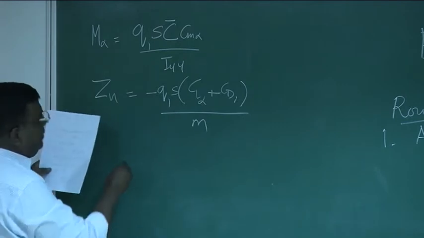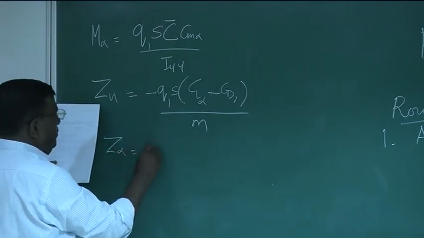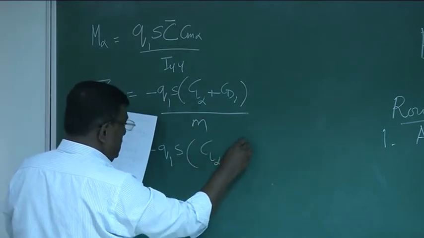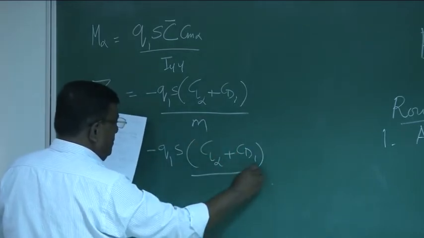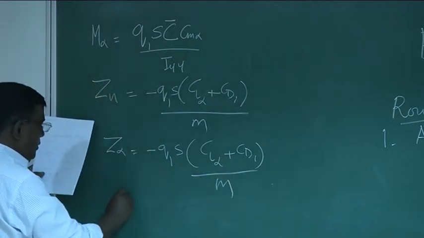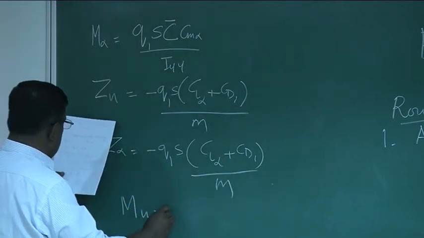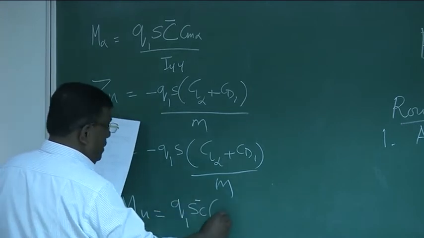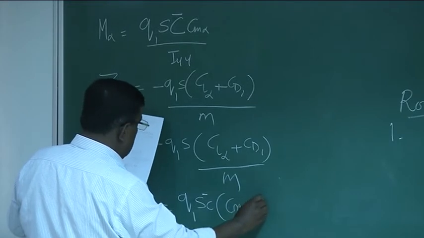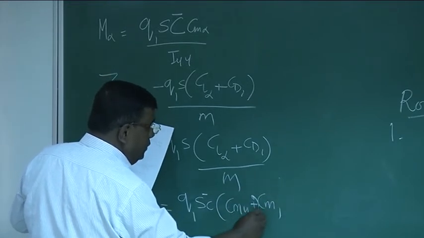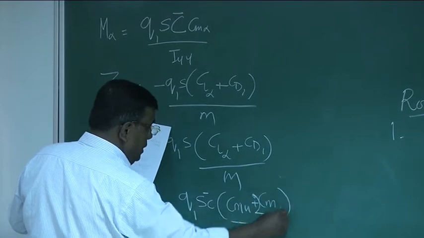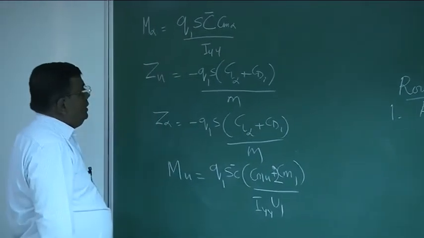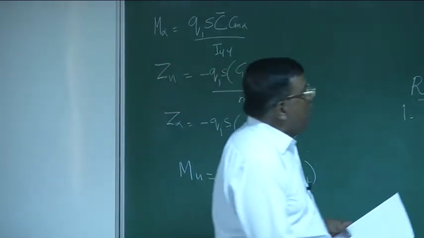And what is your Z alpha? Z alpha is minus Q1 S (Cl alpha plus Cd1) by m. And mu was derived to be Q1 S C bar (Cmu plus 2 Cm1) by Iyy u1.